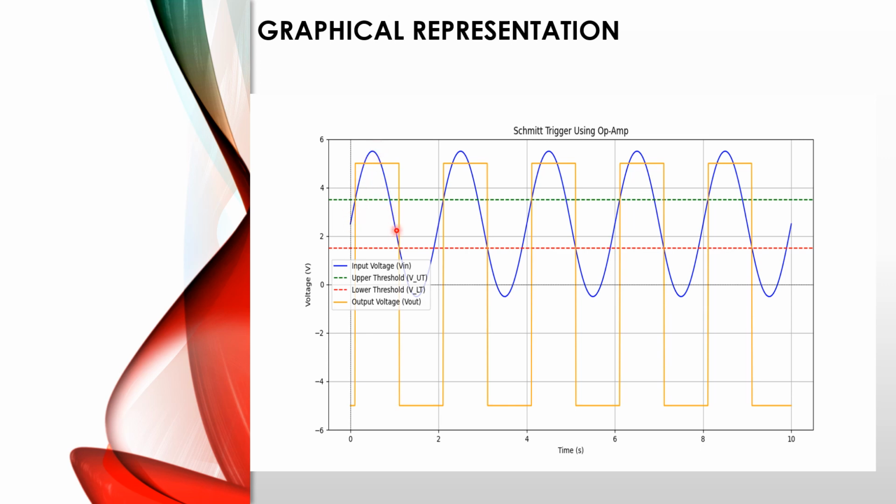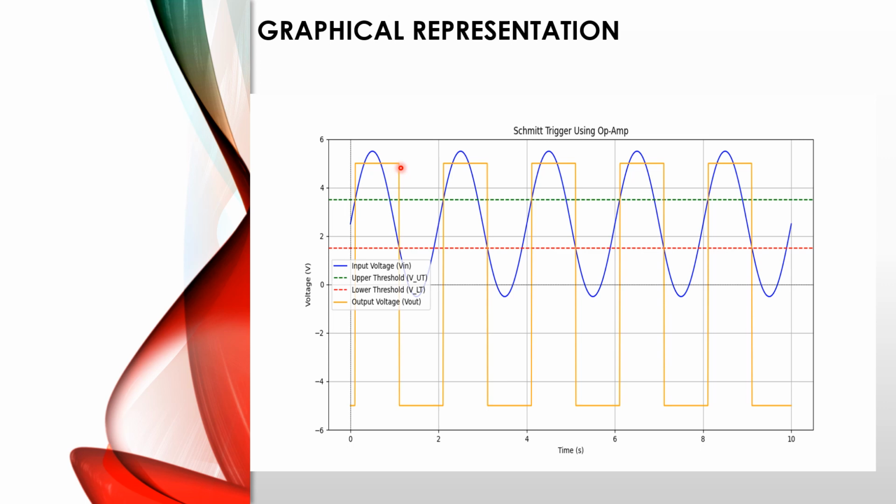From this point to this point we get the positive half cycle, and from this point to this point we get the negative half cycle of the input sinusoidal signal. So how long the input sinusoidal positive half cycle is greater than the upper threshold level, in this time period we get the upper threshold level, that is VUT.